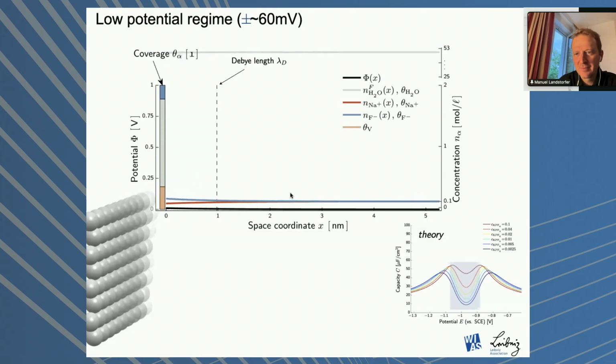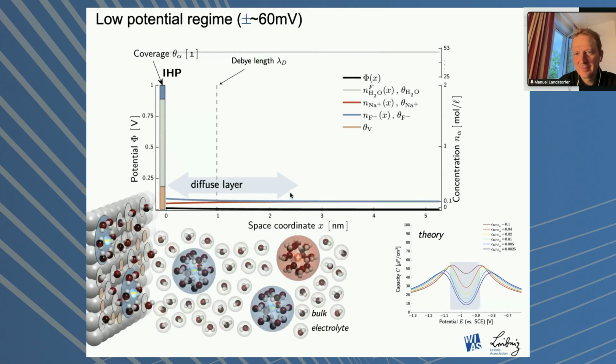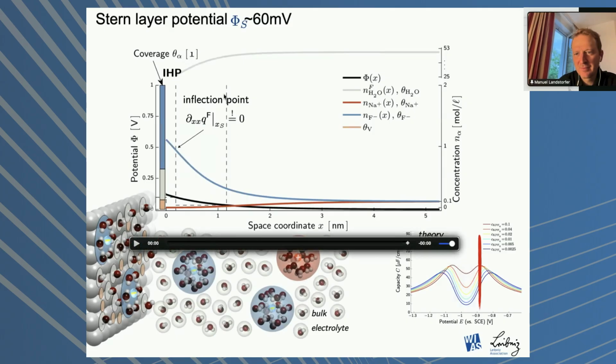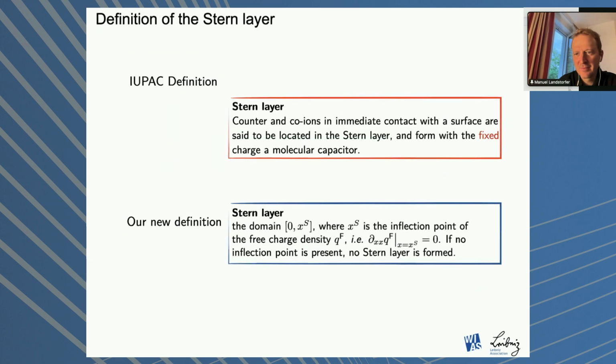After a certain threshold value, which corresponds exactly to the maximum of the capacity, you will find an inflection point in space. This inflection point gives you the opportunity to implicitly define something called the Stern layer.